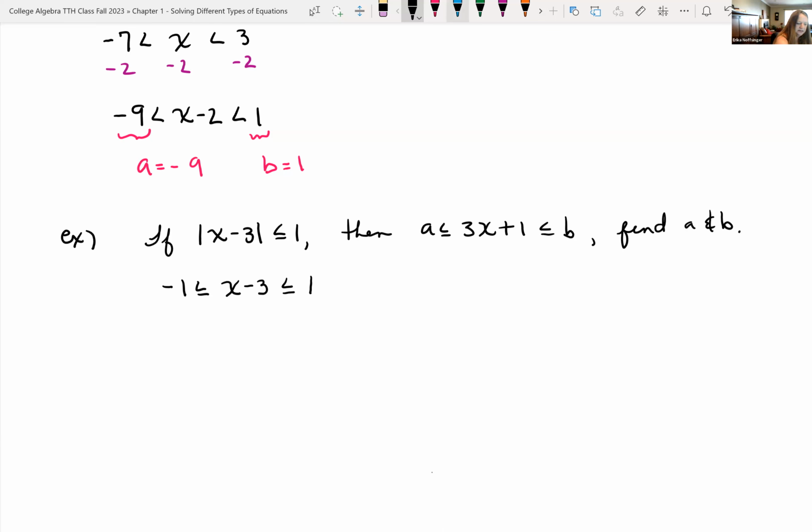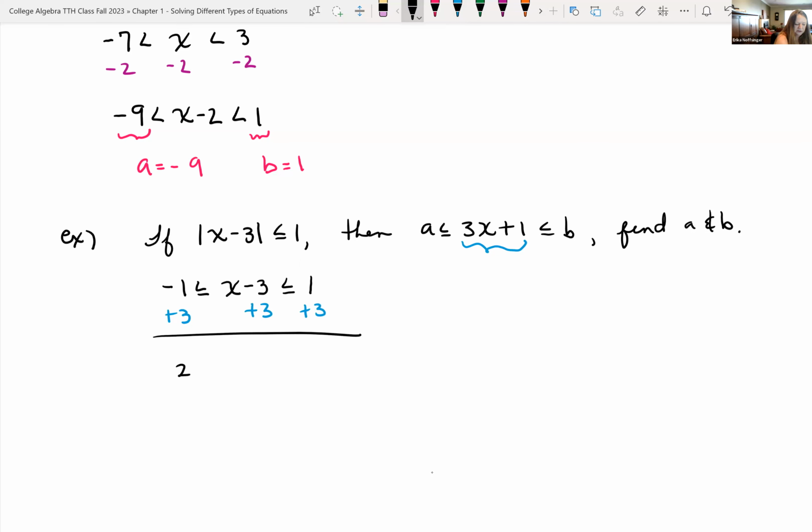So I want to manipulate what's inside here, this x minus 3, to actually be 3x plus 1. So let's get x by itself first. To do that, we can add 3 to all sides of our inequality.